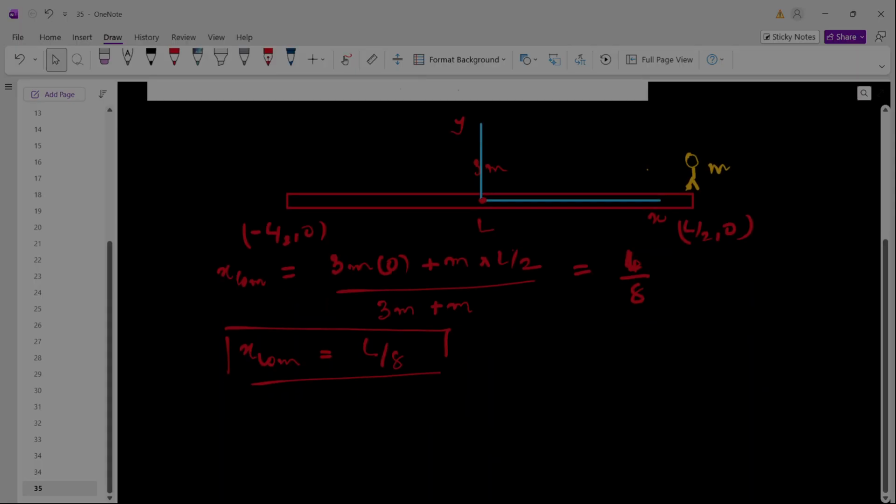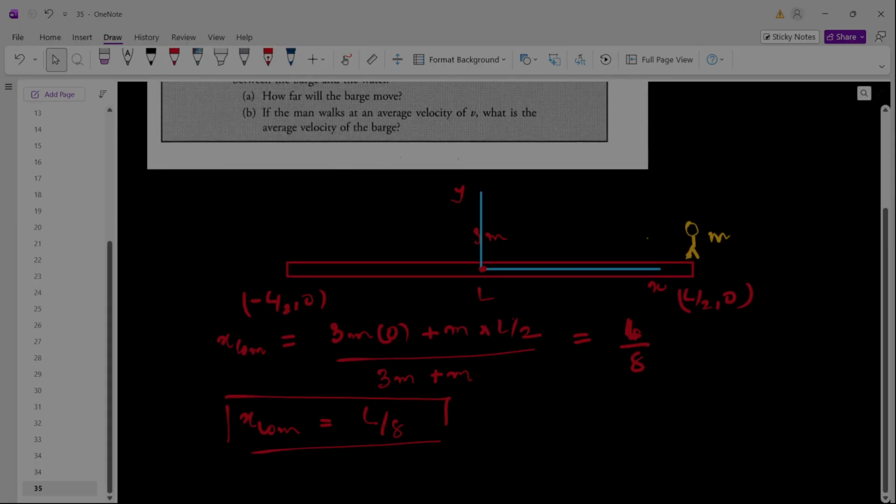Now the man is moving from right to the left, and the man moves to the very end of the barge, right? Now, as the man moves, since there's again no external force acting on this system, the center of mass of the system will not move, right?